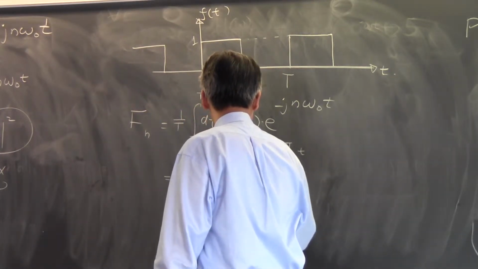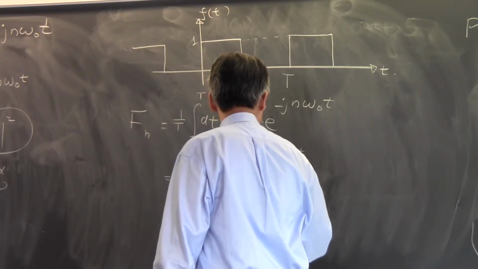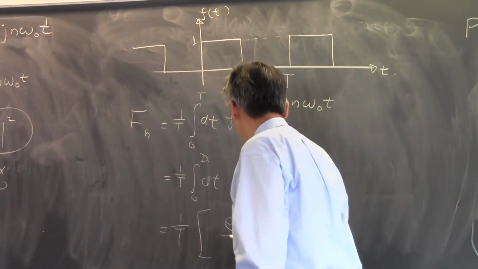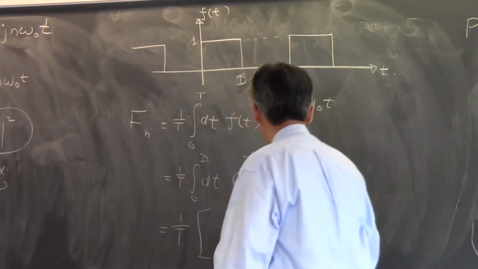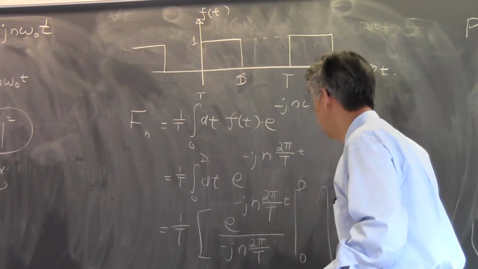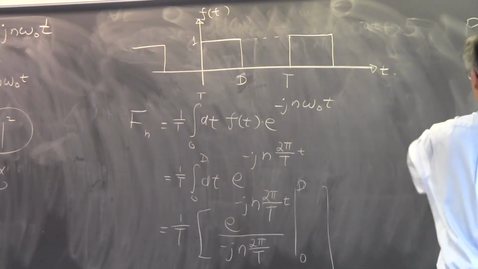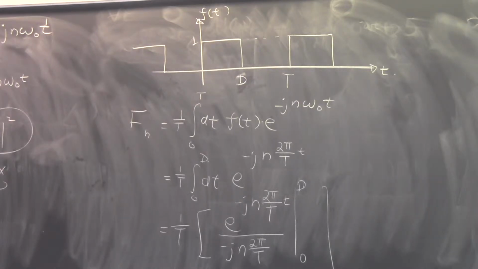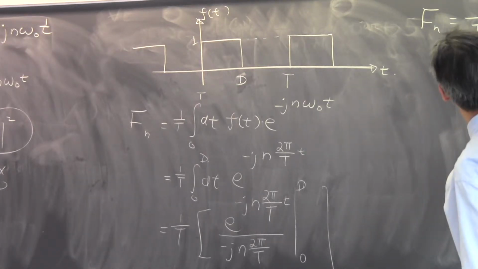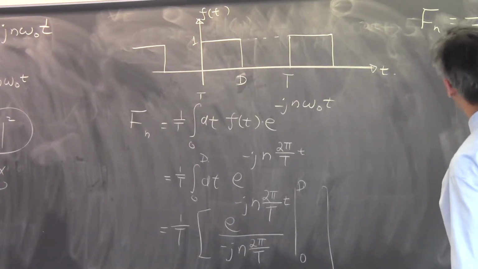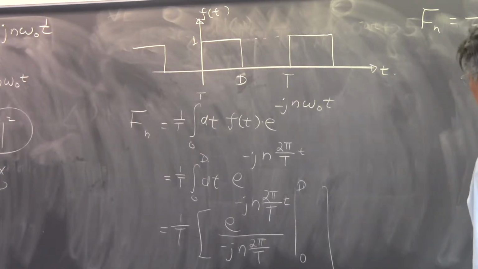So you get e to the minus j n 2 pi over T times t, divided by minus j n 2 pi over capital T, and then you have to evaluate this from 0 to D. So f of n then is equal to 1 over T times 1 over minus j n 2 pi over capital T times e to the minus j n 2 pi over capital T times D, minus 1.